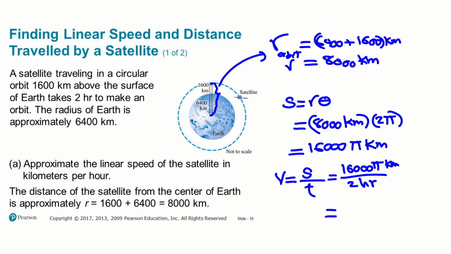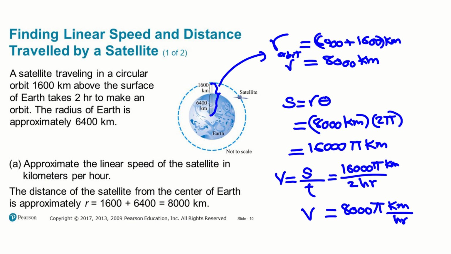And this is when we get the final linear velocity to be, if we simplify it, 8,000 pi kilometers per hour. All right.